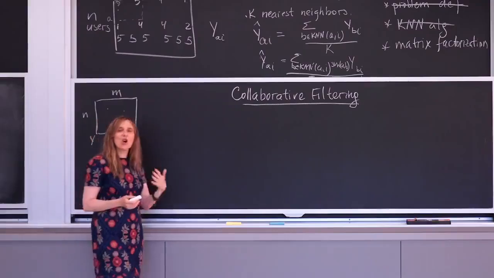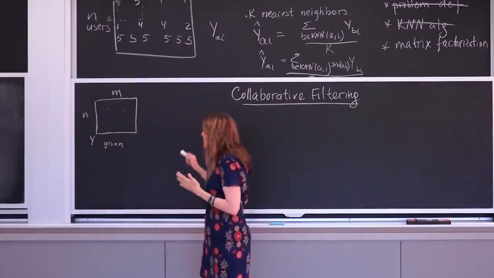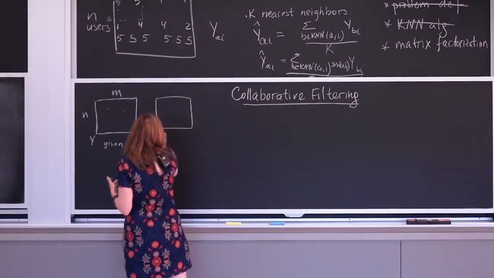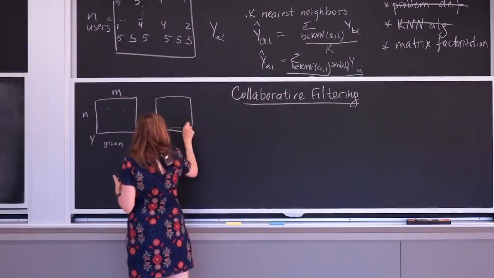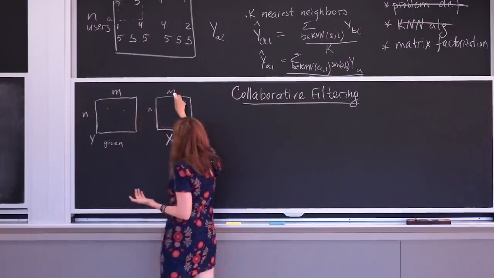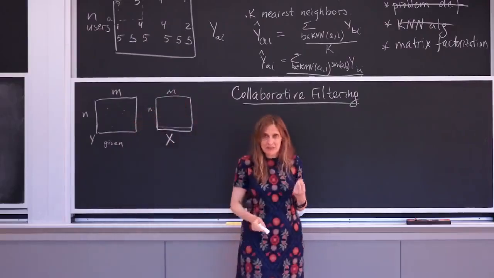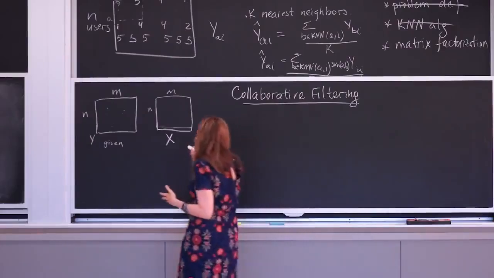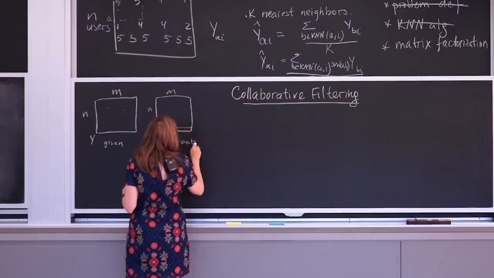Now I would say the goal of my computation is to build another matrix, which I will call X. They are supposed to be similar matrices, X of the same size, N by M. This is the matrix that would be the output of my algorithm. That's what I want to output.